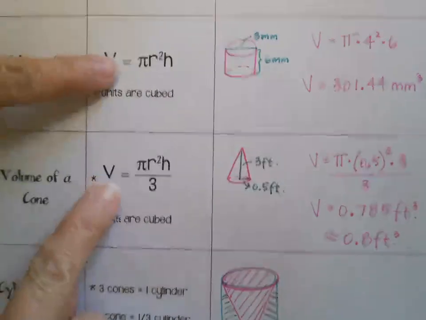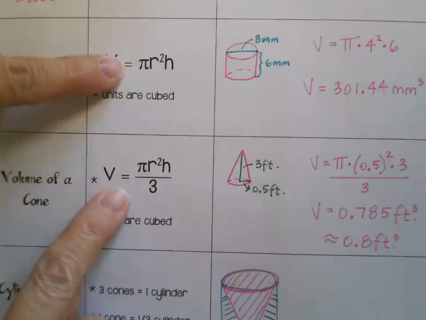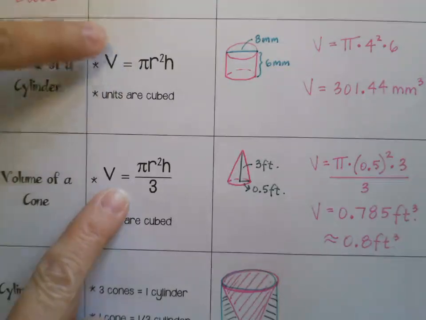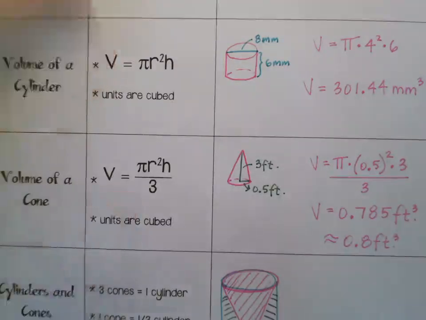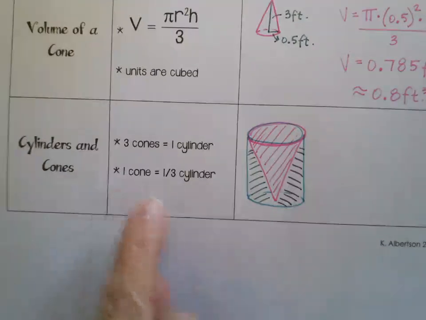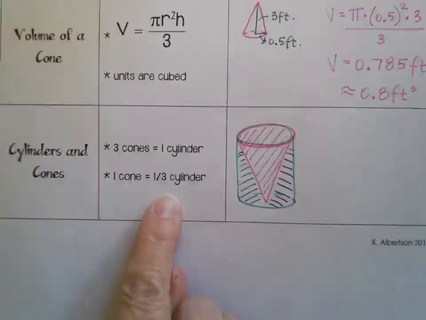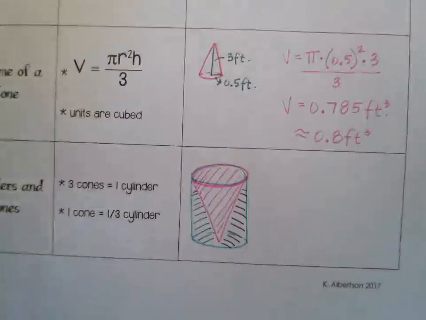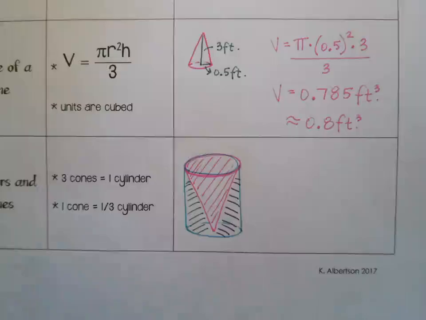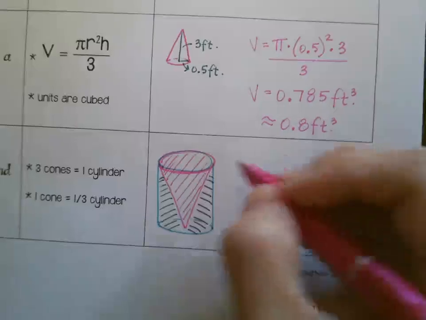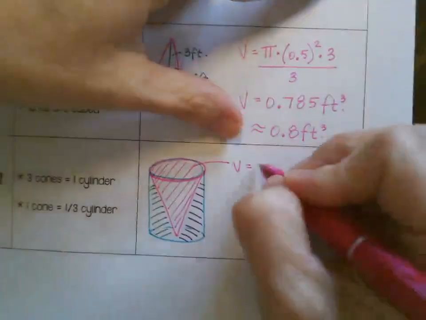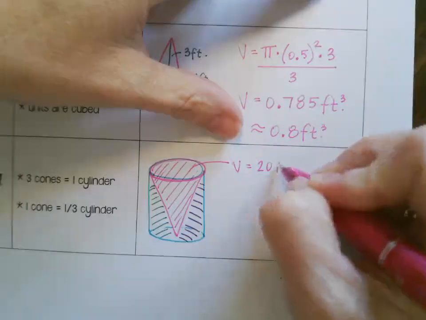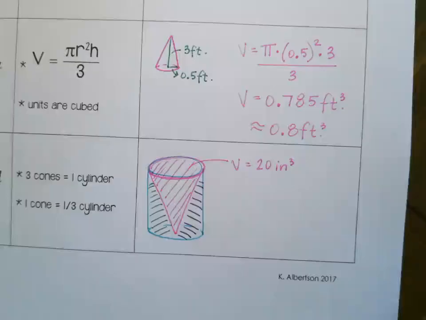And if you look at the cone and cylinder formulas, the difference between the volume of a cylinder formula and the volume of a cone formula is that we divide by 3 on the cones, because 1 cone is 1/3 of the cylinder. So let's just pretend that I told you that the volume of this cone was 20 cubic inches.